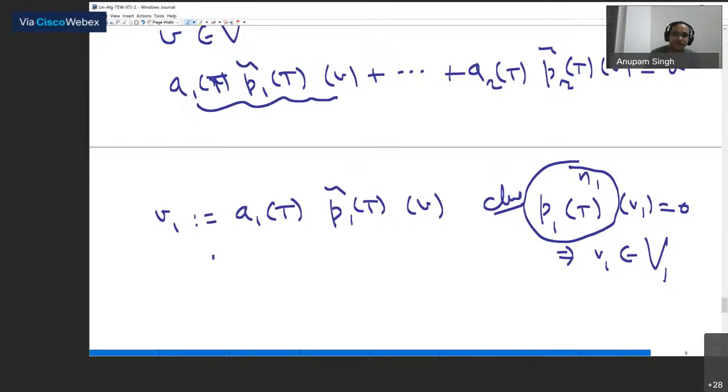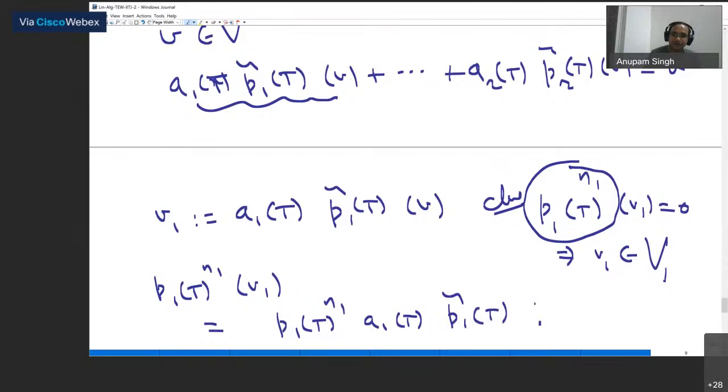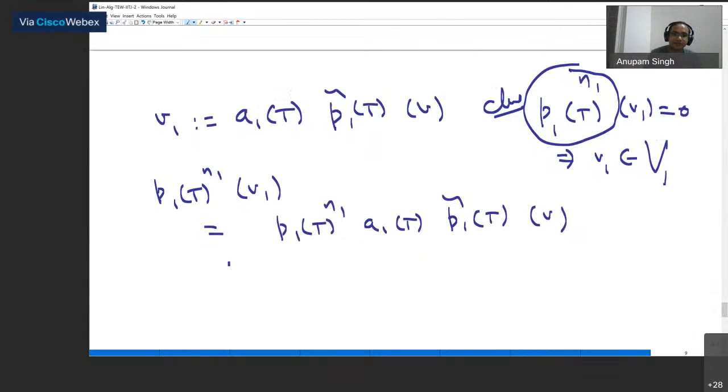And why is that? It's very simple, because if I apply p1(t) to the power n1 on v1 and substitute this in here, I have p1(t) to the power n1 a1(t) p1 tilde(t) of v. This is a polynomial, they commute, so I can take a1(t) on this side.